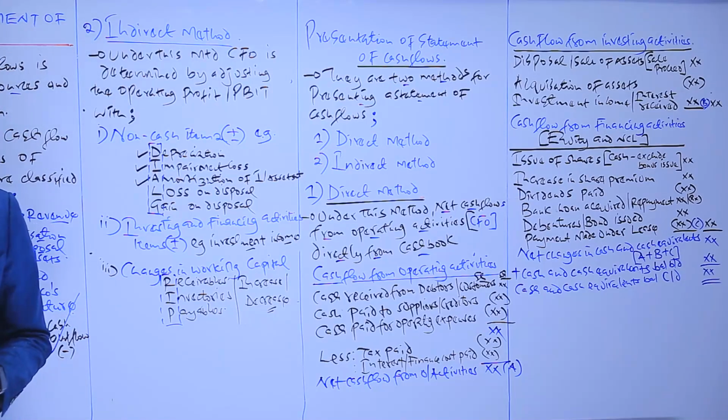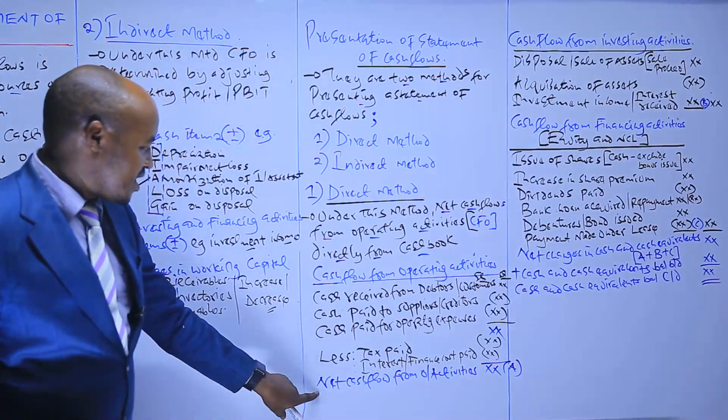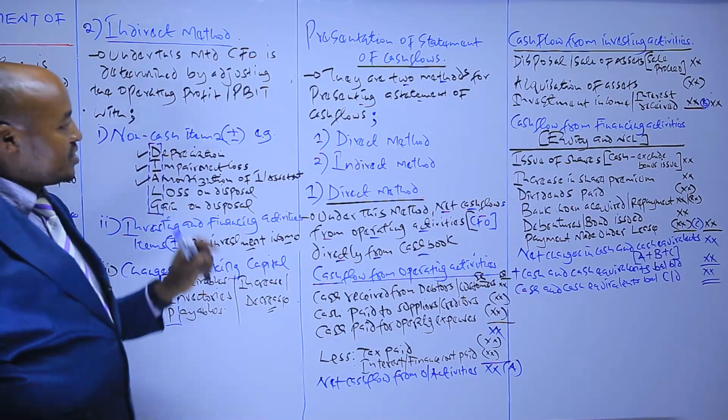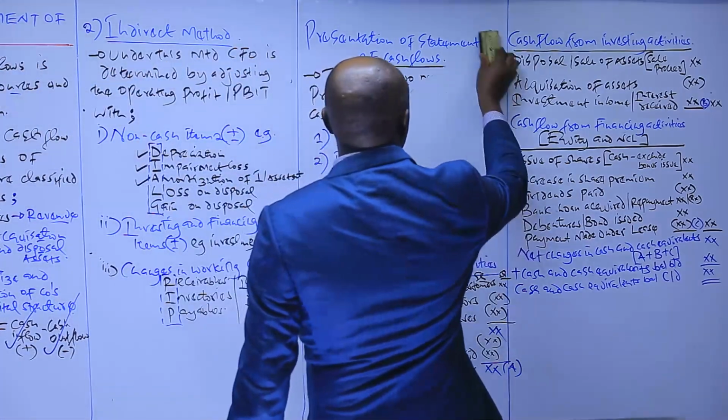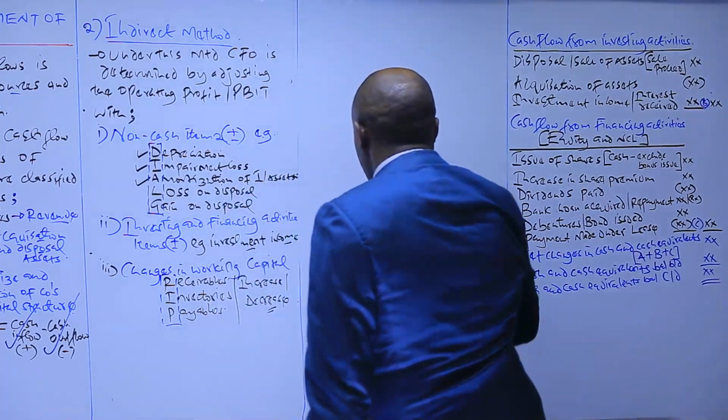So I think we can now look at the format of determining the CFO, the net cash flow from operating activities, using the indirect method.